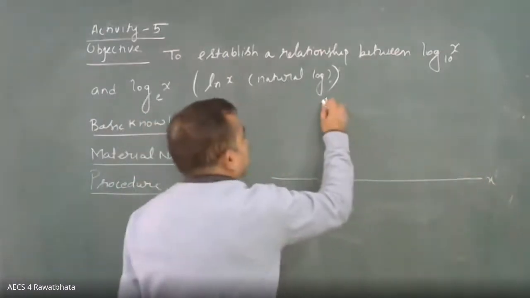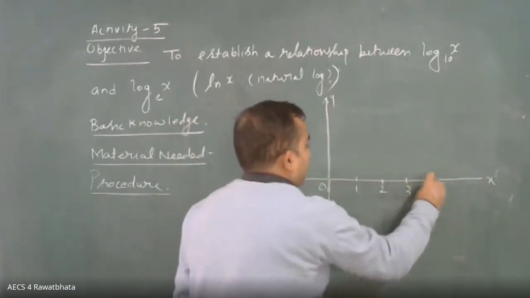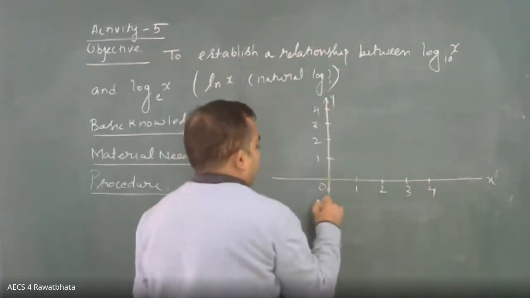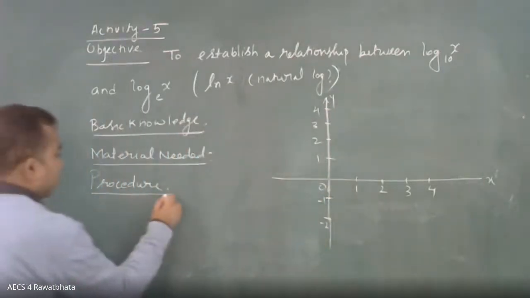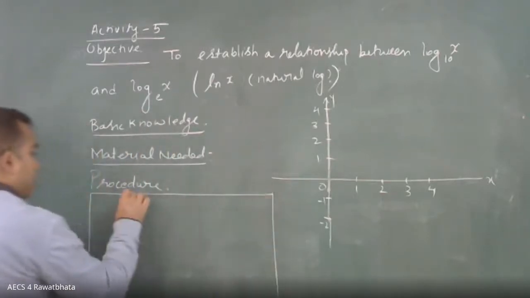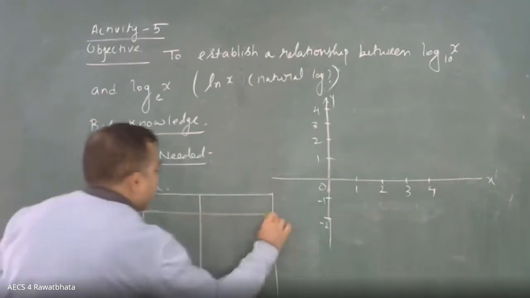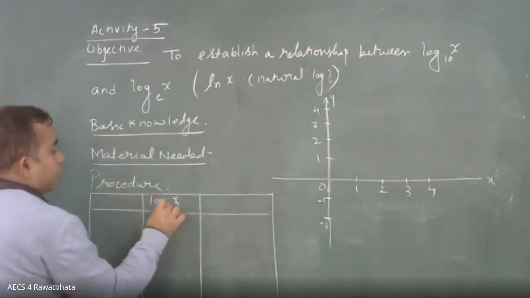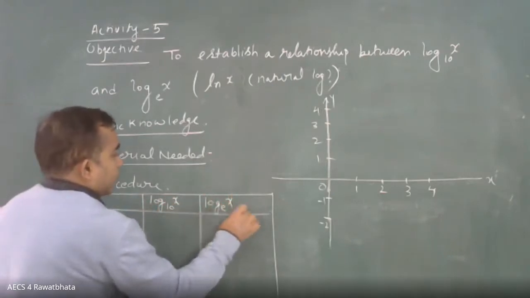This is my x axis, this is y axis, this is 0, 1, 2, 3, 4, and -1, -2, etc. Now let us find the values. This is log x base 10 and this is log x base E.